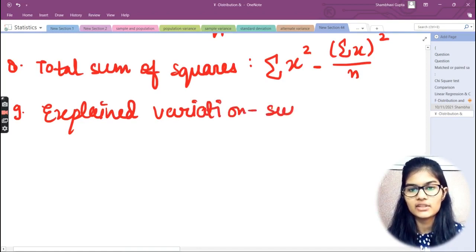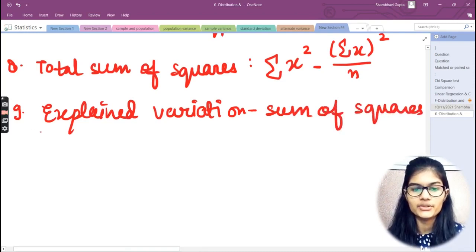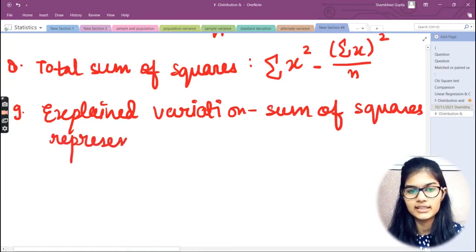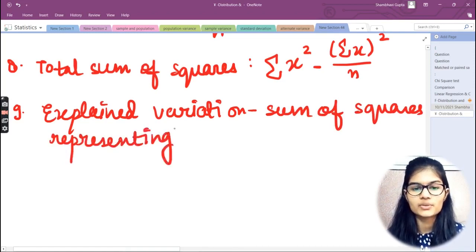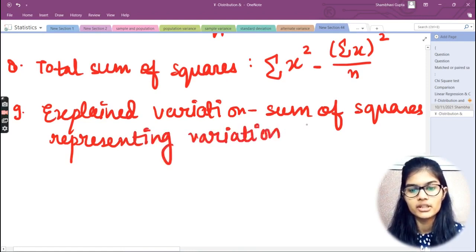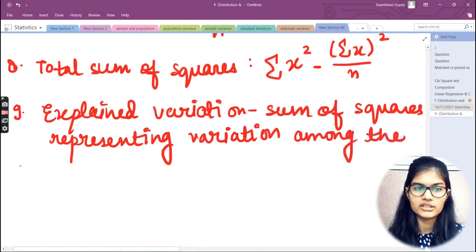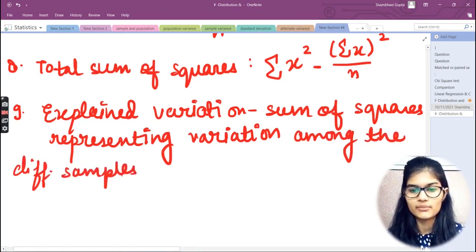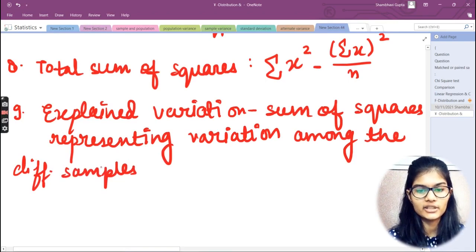Now that we have a sum of squares representing the variation among the different samples, right? So that's completely the explained variation, and we could say that as SS between.